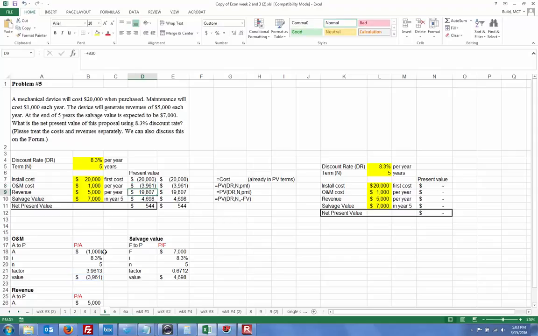The annuity is $1,000. So he's just taking that $1,000 and taking it times -1 because it's negative. The factor, so he's actually used the full equation for going from an annuity to the present value.